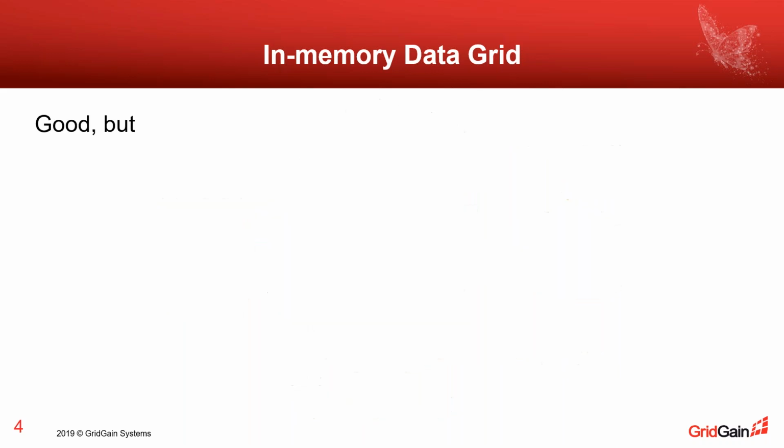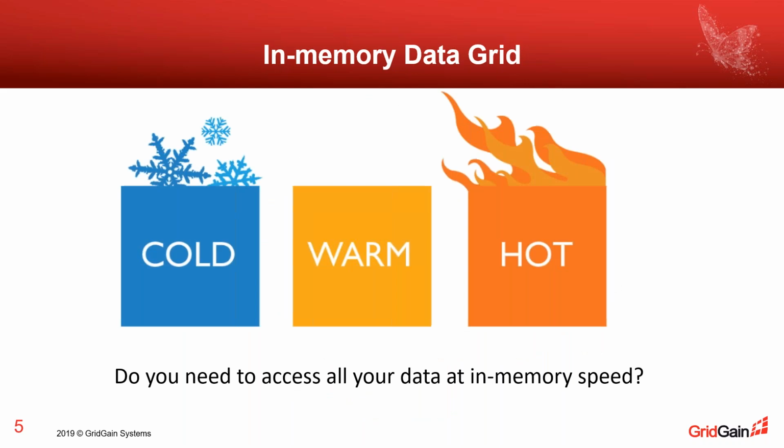That's very good, but do you really need to access all your data at in-memory speed? The point is that perhaps your data can be divided into hot and cold, and most likely you store some cold data, like the history of your financial transactions and so on. And most likely you don't need in-memory speed for your cold data.